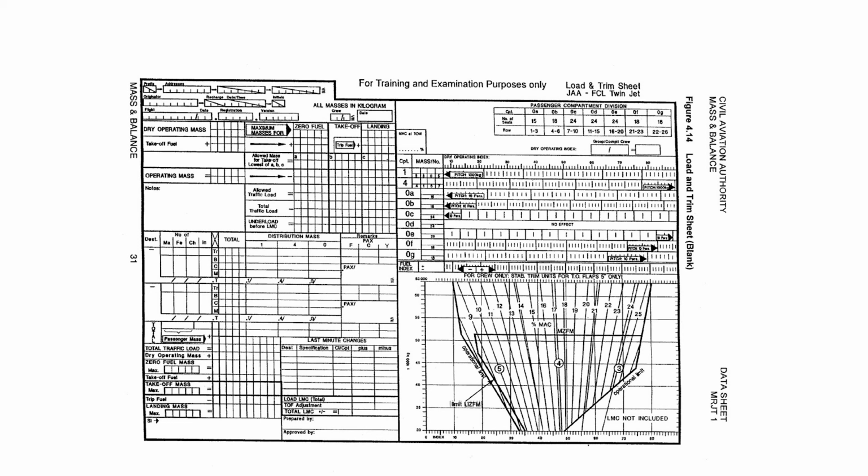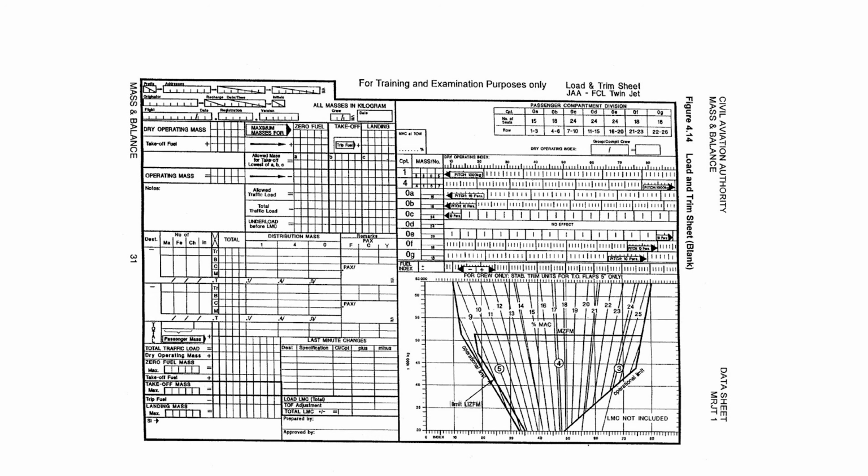On the right hand side of the load trim sheet is something similar to the CG envelope seen for light aircraft. At the top, you start with the dry operating index, which is usually given, and then work your way through a series of rows, adding and subtracting masses as passengers are added, and eventually fuel is added at different locations in the aircraft.